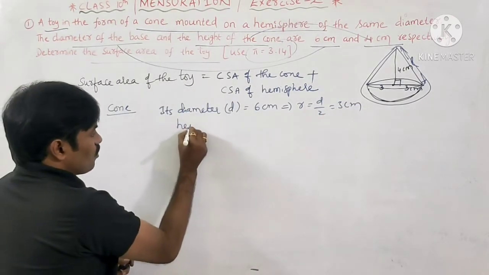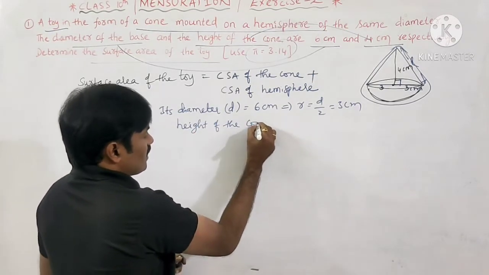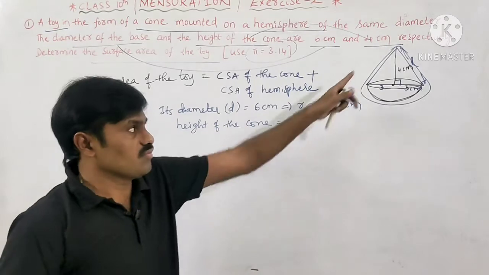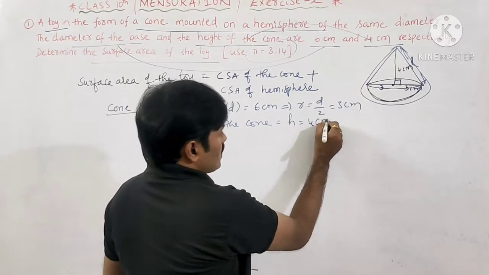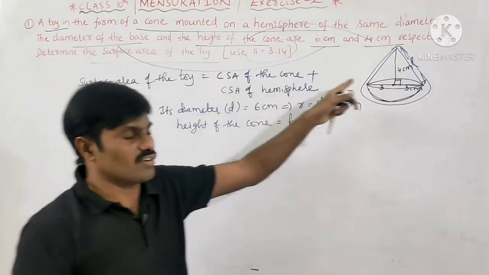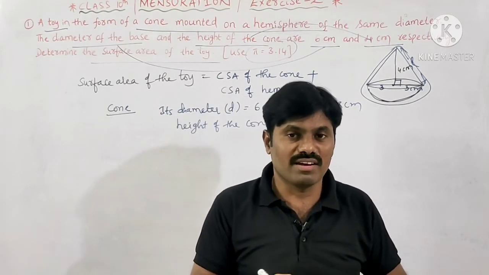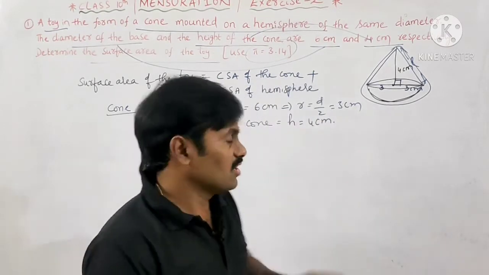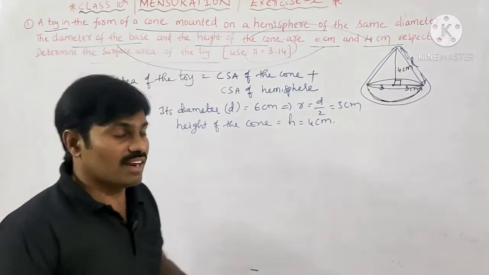And the height of the cone is given, h is equal to 4 centimeters. Then to find the curved surface area of a cone, the formula is pi RL. So we need the pi value, R value and L value. We know the pi value and R value. Then how to find the L value?